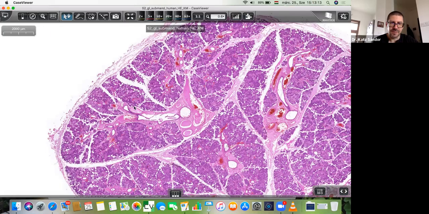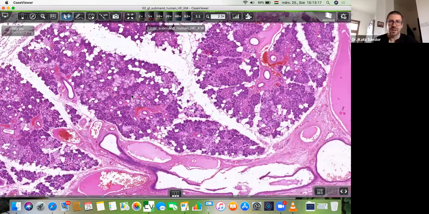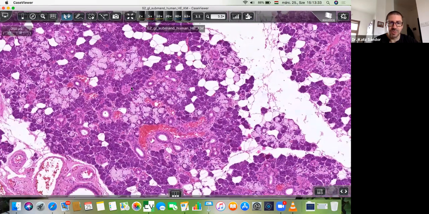Okay, now let's see the glands, I mean the acini. The submandibular gland, as a mixed gland, has serous and mucous acini, but the predominant acini are the serous acini. So more serous acini are present than mucous acini.